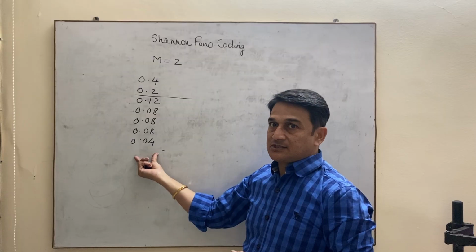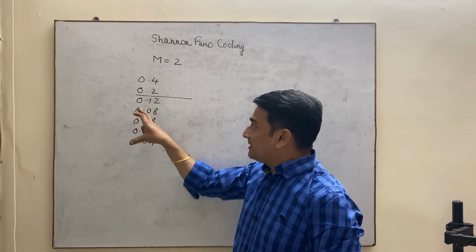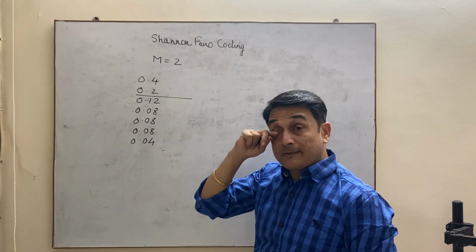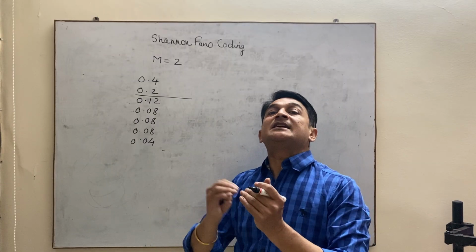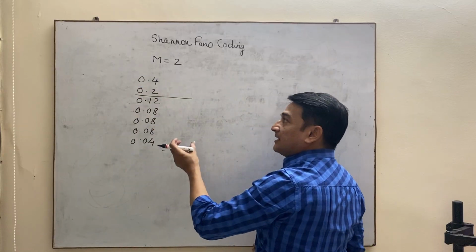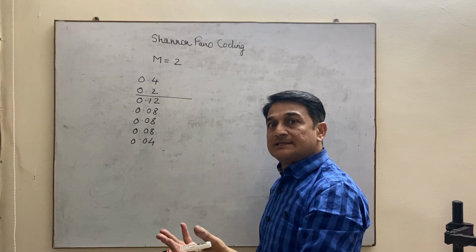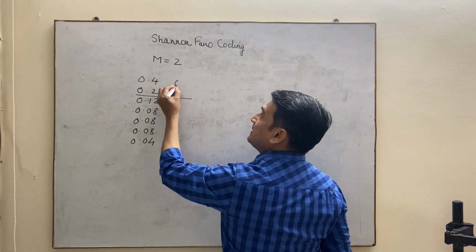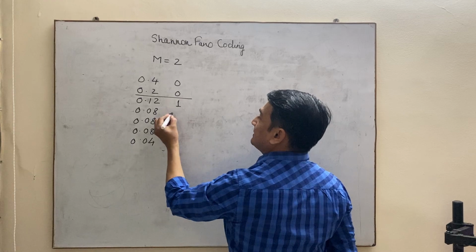The first set's total probability is 0.6 and the other set's is 0.4, so this is nearly equal. After dividing the values into two different sets, we assign one symbol, 0, to one set and the other symbol to the other set.